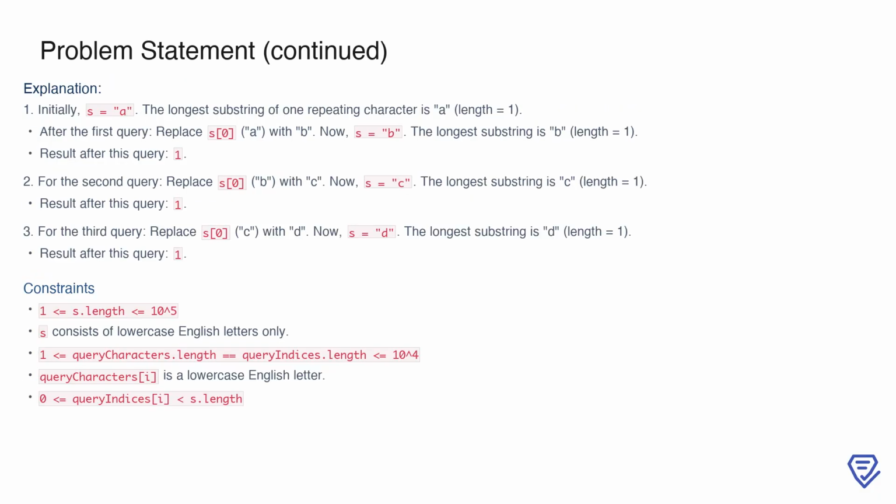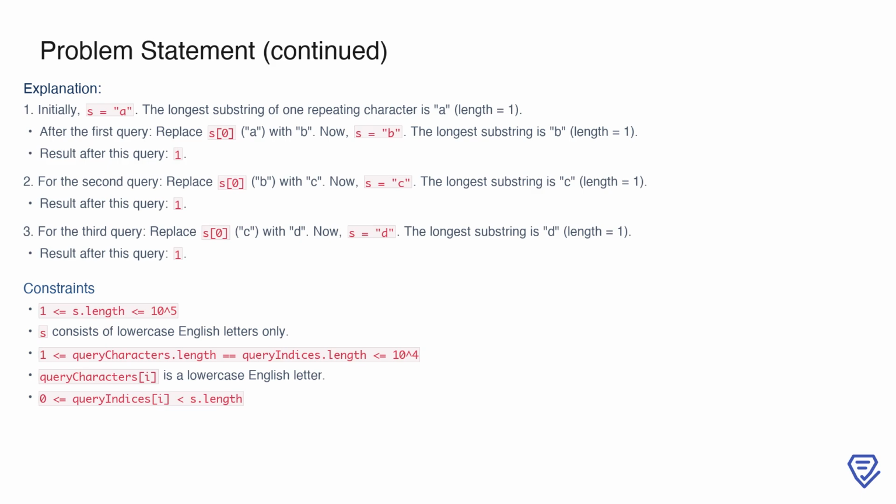Now consider the second example, where the input string is s equals a, and the queries involve query characters equals b, c, d, with query indices equals 0, 0, 0. The output here is 1, 1, 1. Initially, the string s contains only one character, a, so the longest substring of repeating characters is a, with a length of 1.